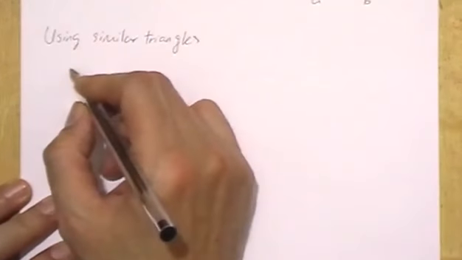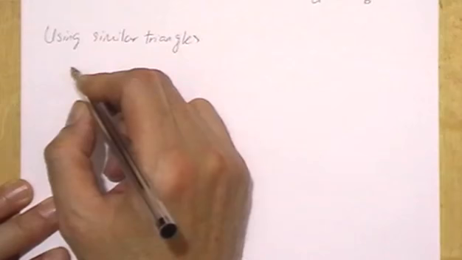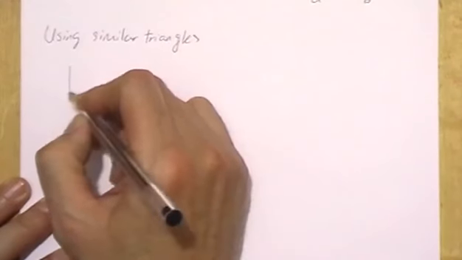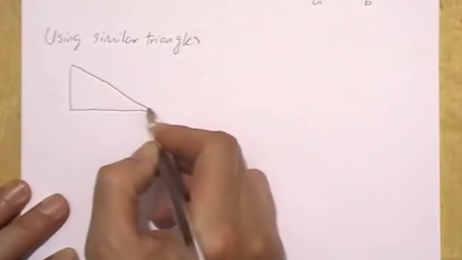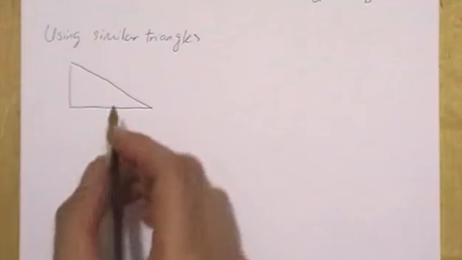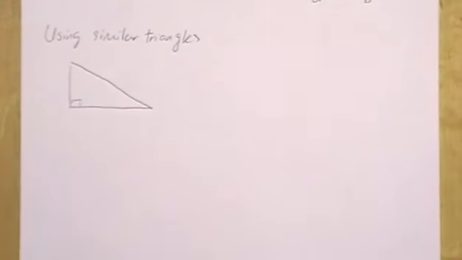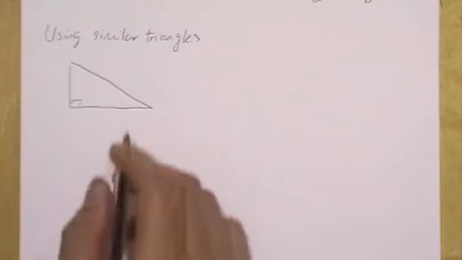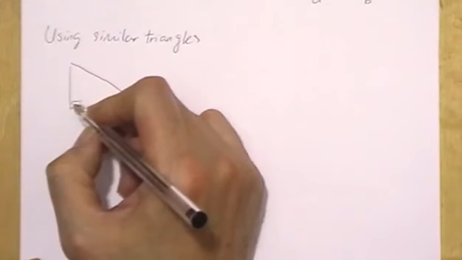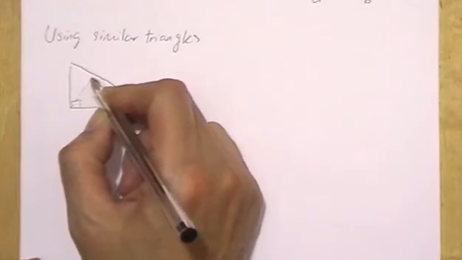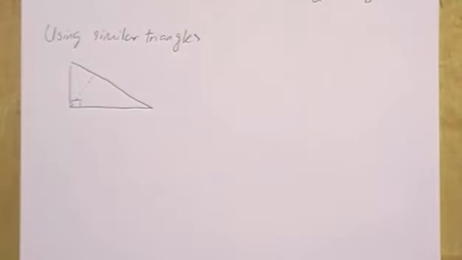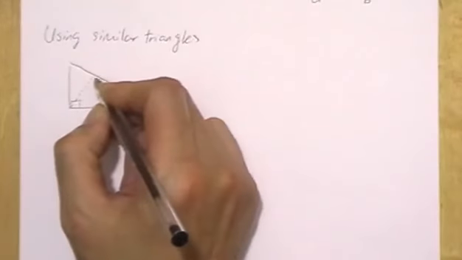So let me start with a right-angled triangle. That is the right angle. Now, I shall drop a perpendicular from this corner to the longest side. So that's a right angle.